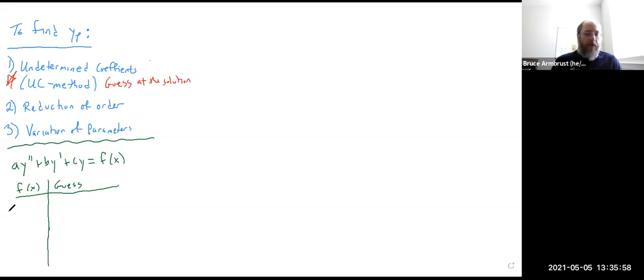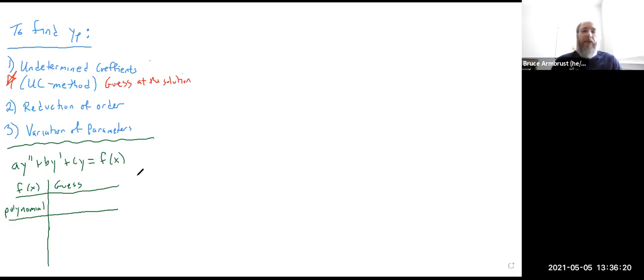The first nice form is if f of x is a polynomial. The example that I showed you last time was one of these. It was a simple polynomial, like I said, it was x squared or x cubed. I don't really remember which.